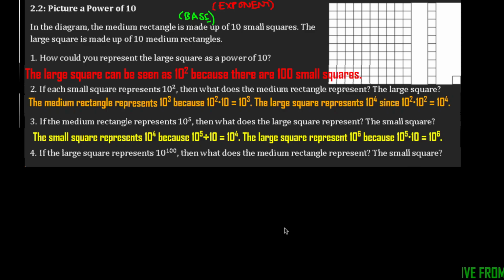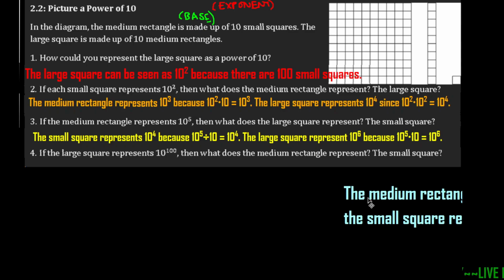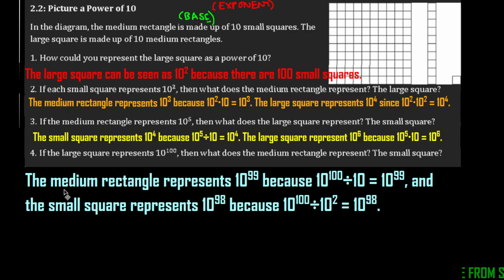Then for number 4, it says if the large square represents 10 to the 100th power, then what does the medium rectangle represent? So we can say the medium rectangle represents 10 to the 99th power because we subtract 1 from 100 to get the exponent of 99, and then the small square represents 10 to the 98th power because 10 to the 100th power divided by 10 squared.